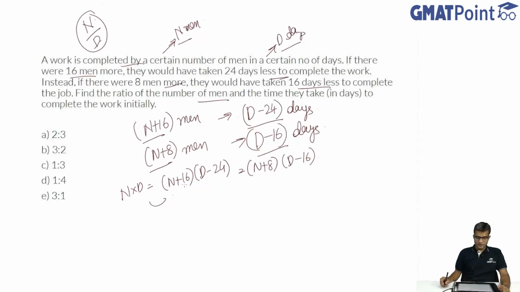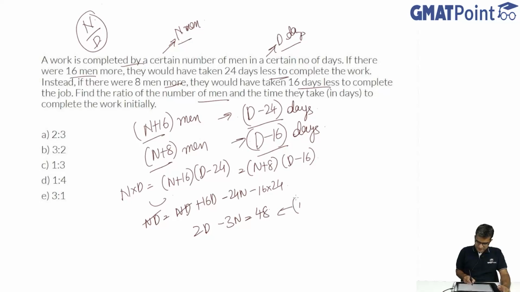From this equation, what we are going to get is that N into D is equal to N into D plus 16D minus 24N minus 16 into 24, or the value of 2D minus 3N is equal to 48. This is one equation.